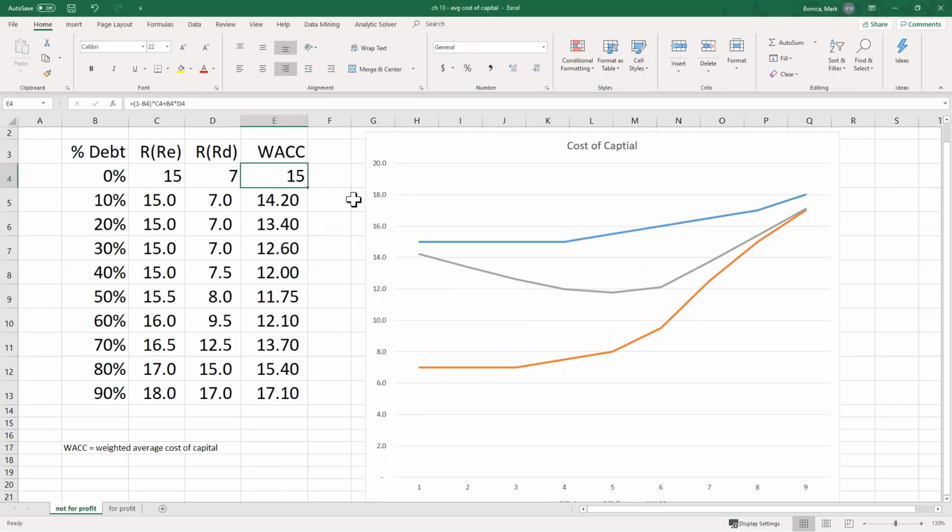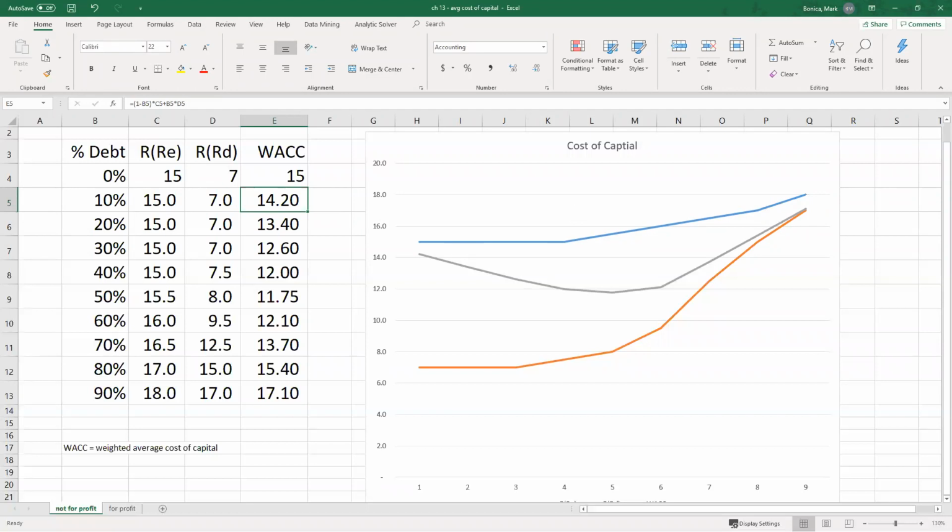At 10%, it starts to go down a little bit. Why is that? Well, our weighted average cost of capital is now made up of 90% of 15% and 10% of 7%. So this formula is going to be 90% of 15 plus 10% of 7.